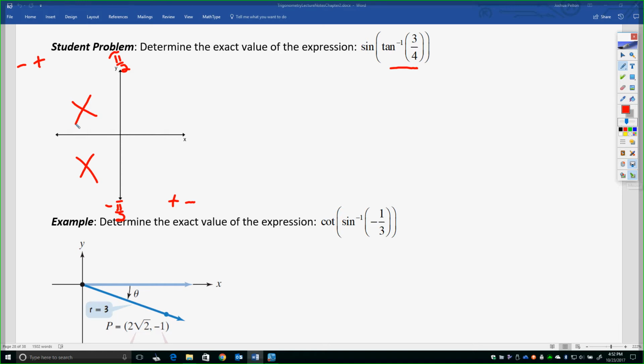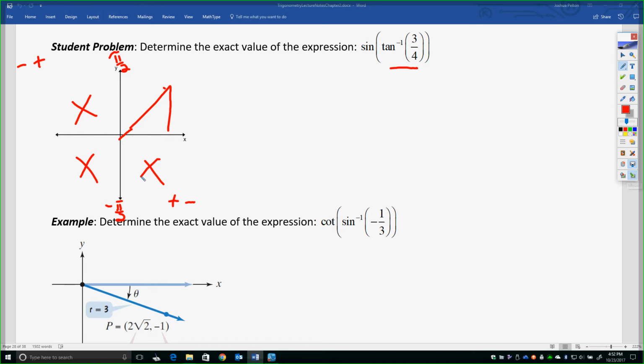So this is my triangle. And tangent, I'm sorry, it has to be positive, not a negative answer. My problem's mixed up here. Since I'm a positive 3 over 4, I have to be in this quadrant up here. Okay, I'm not negative. I can't be over there.